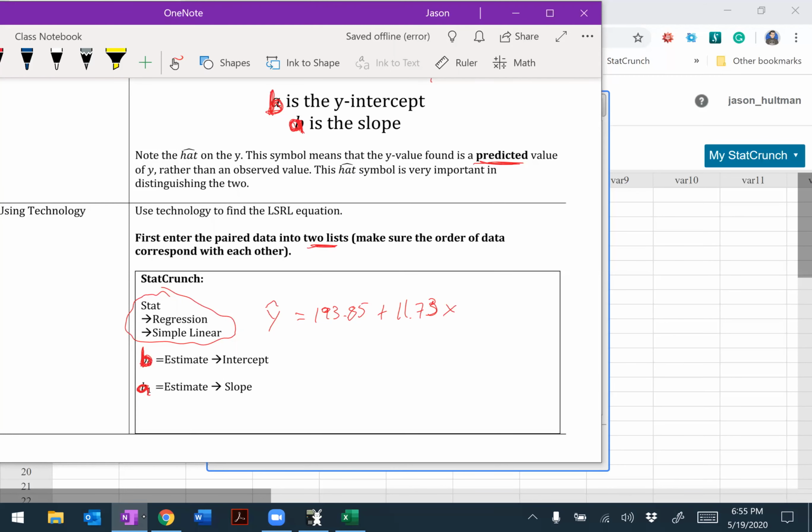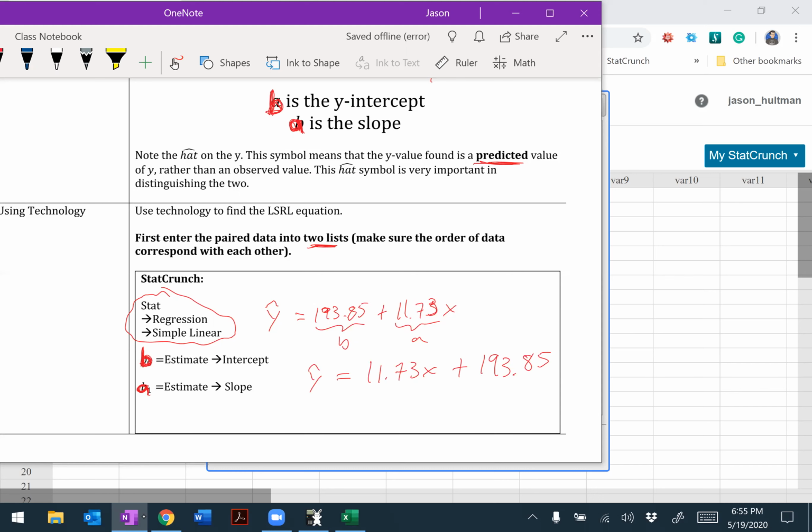Those were my independent values, and y hat is the prediction. So what is my y-intercept? Well, that's B here. What's my x-intercept? That's A. If you want to write this in slope-intercept form, you would have to put the second term first. You could say 11.73x plus 193.85.